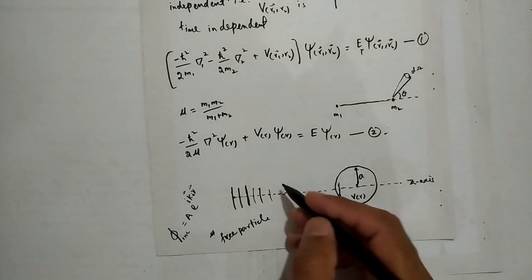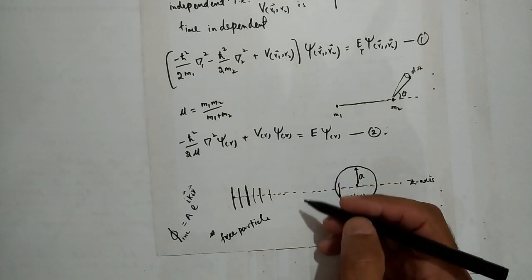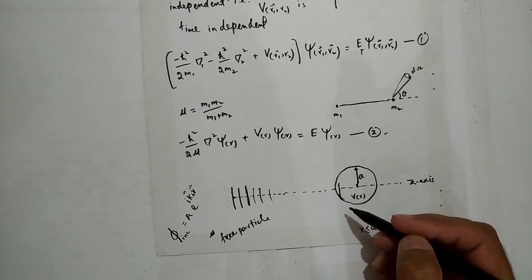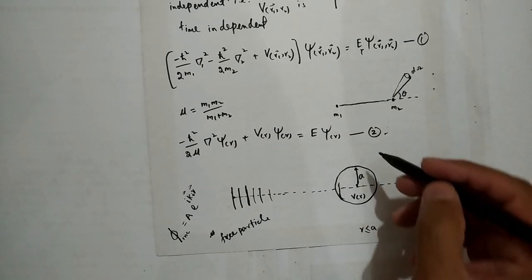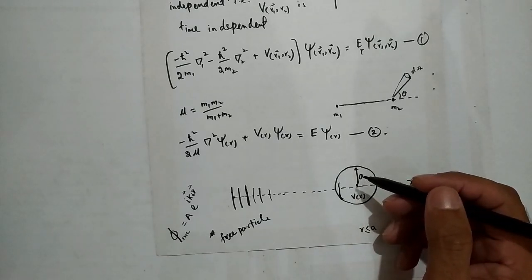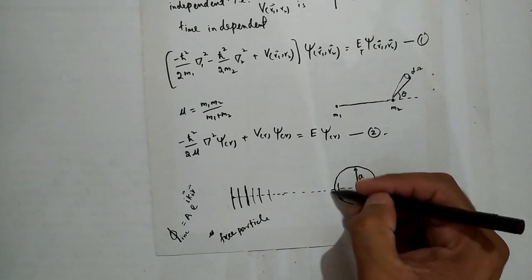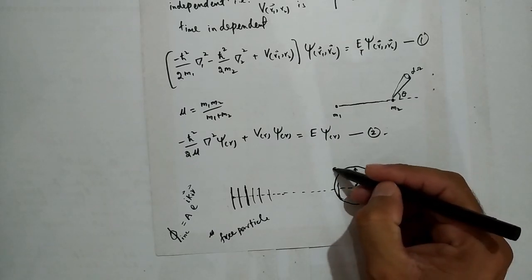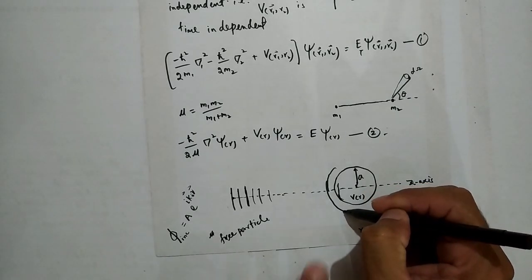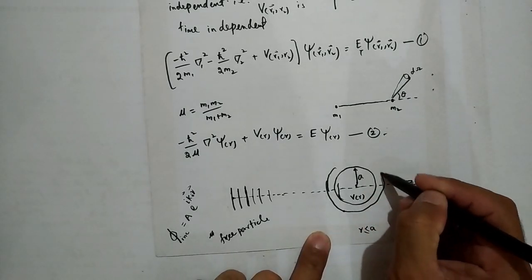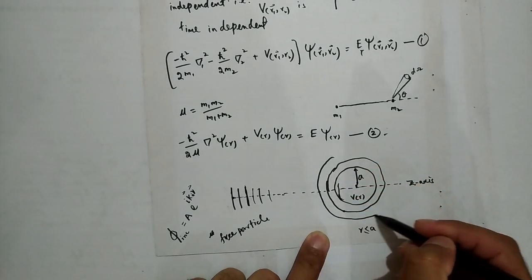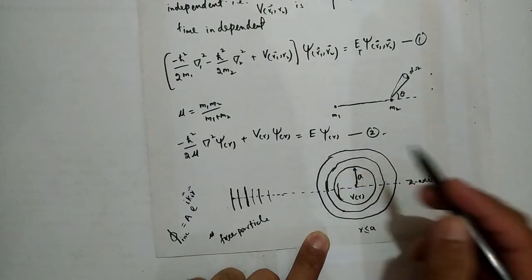So when this incident wave collides or interacts with the target potential, an outgoing scattered wave is spherically symmetric. Here the incident wave was a plane wave, and the scattered wave is a spherical wave now.